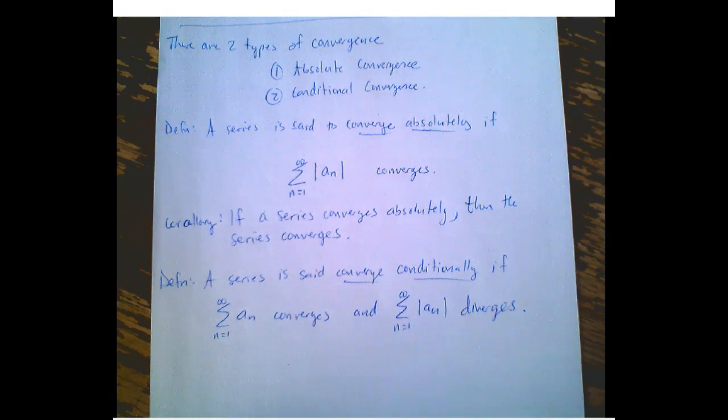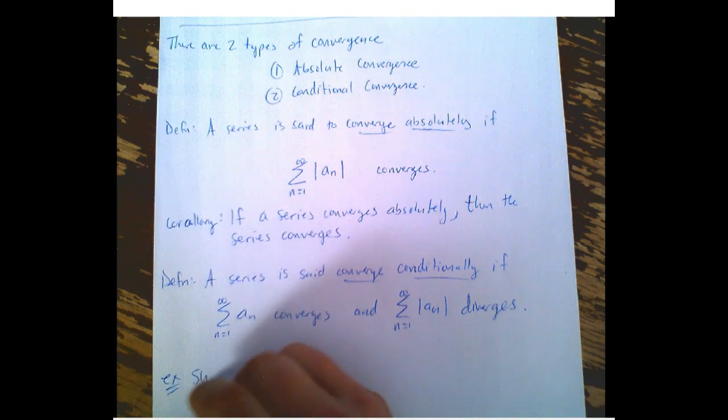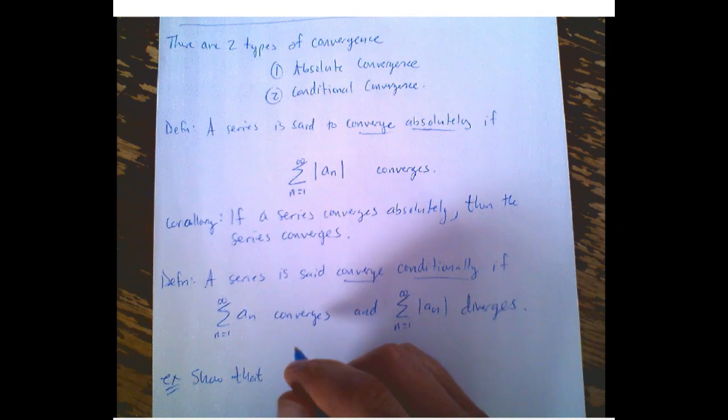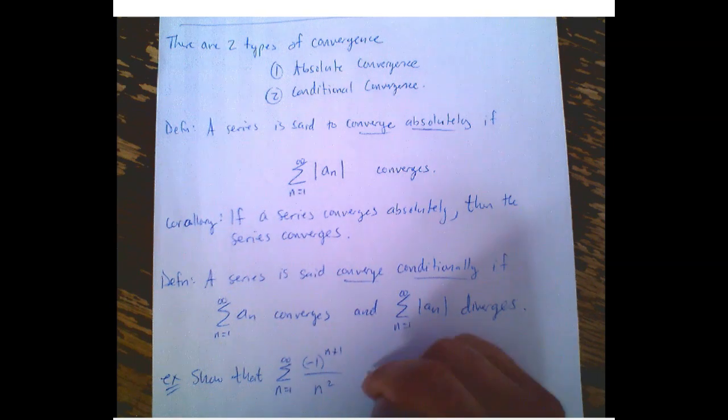So let's do an example. Show that the sum from n equals 1 to infinity of -1 to the n plus 1 over n squared converges absolutely.